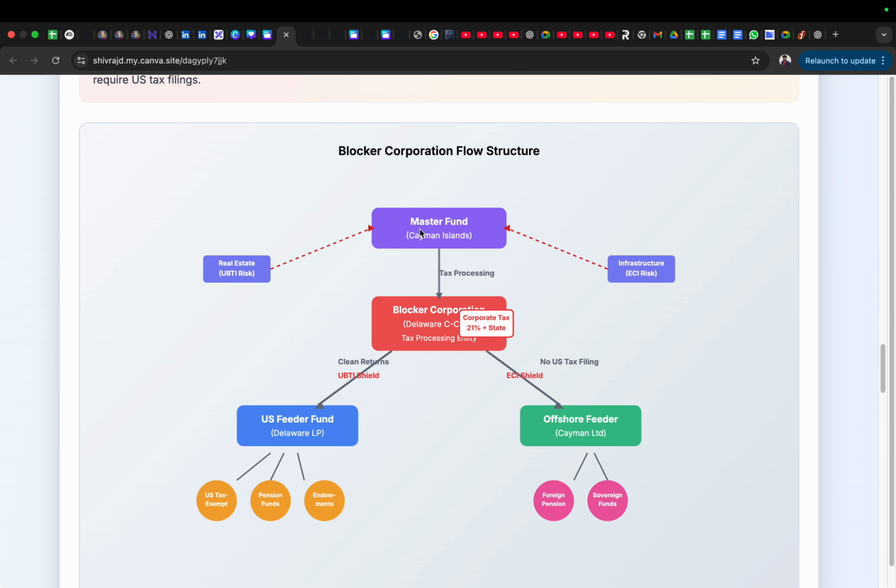Look at this, the blocker entity will be set up in between the feeders and masters. This is a blocker corporation registered in Delaware, because the master fund is registered in Cayman, and the US feeder fund is registered in Delaware, right?